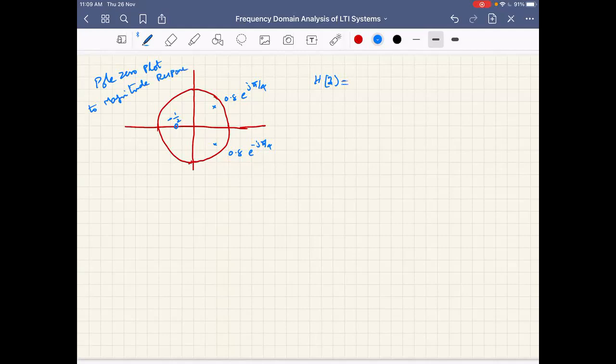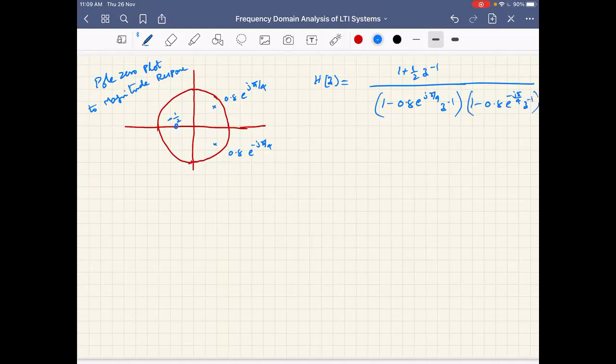So H of z, how can we write? H of z equals 1 plus half z inverse, divided by 1 minus 0.8 e power j pi by 4 z inverse, into 1 minus 0.8 e power minus j pi by 4 z inverse.